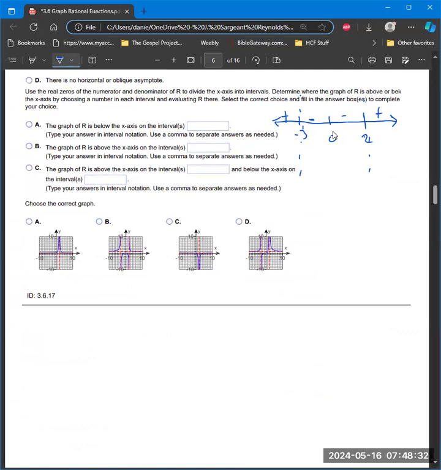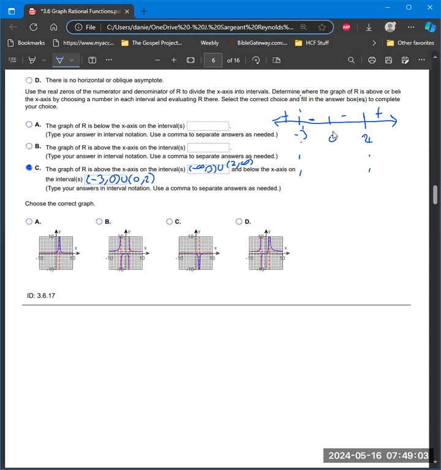So the graph of R is above the x-axis on the intervals from -∞ to -3, union 2 to infinity, and it's below on the intervals from -3 to 0, union 0 to 2.